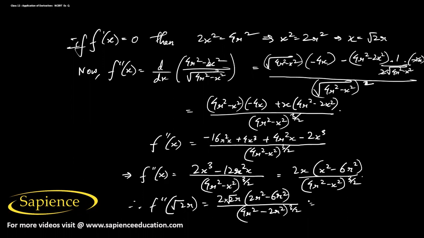So that will be equal to 2 root 2r into minus 4r square divided by 2r square whole power 3 by 2. So 2 power 3 by 2 into r square whole power 3 by 2.